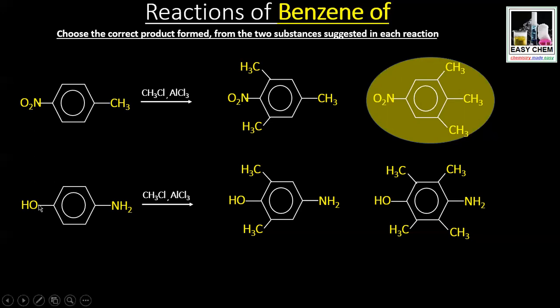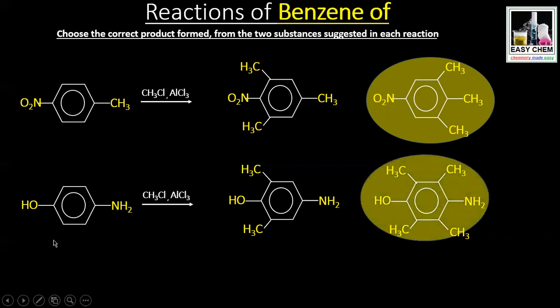Taking that into consideration, because of OH, 1 CH3 comes here, 1 CH3 comes here. Because it's NH2, 1 CH3 goes over there, 1 CH3 comes over here. Likewise, the answer is going to be the second one.